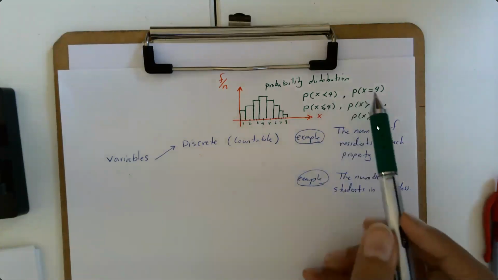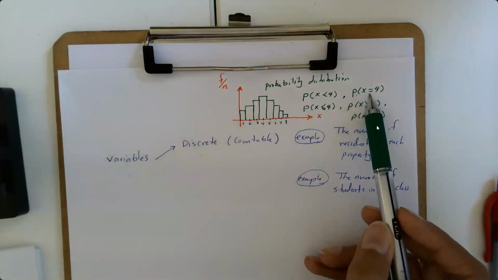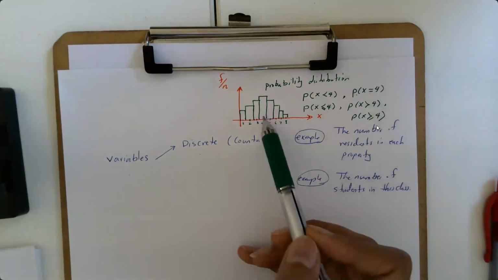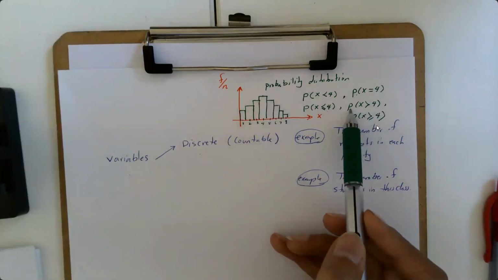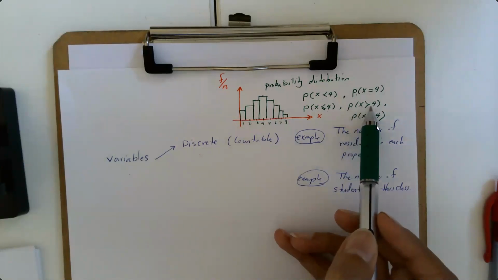If it says find the probability that x is exactly 4, it is equal to the height of this bar.